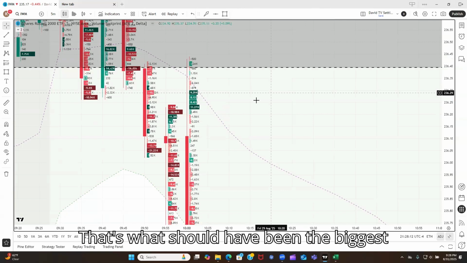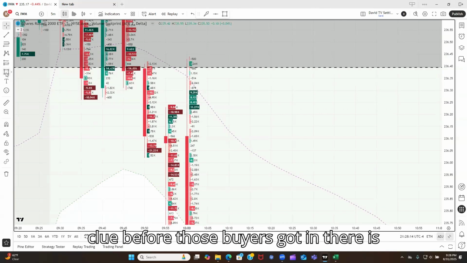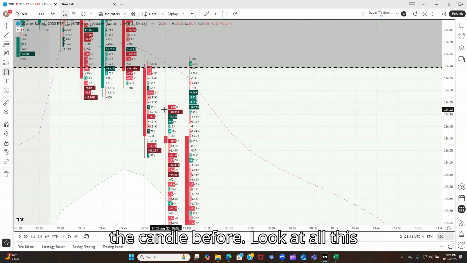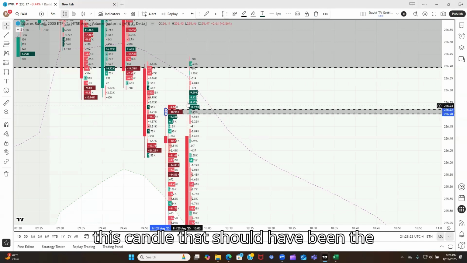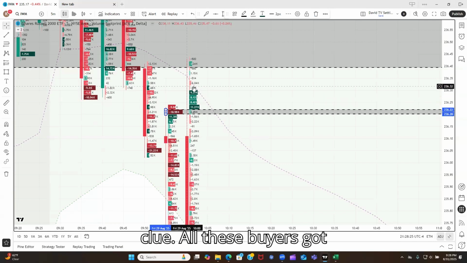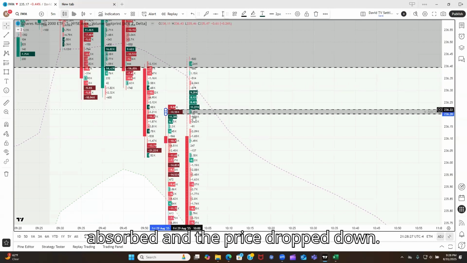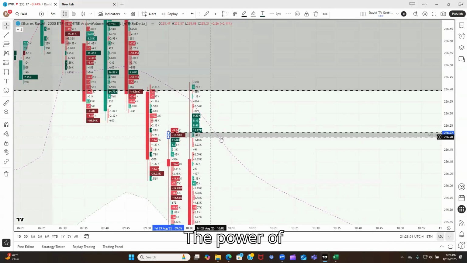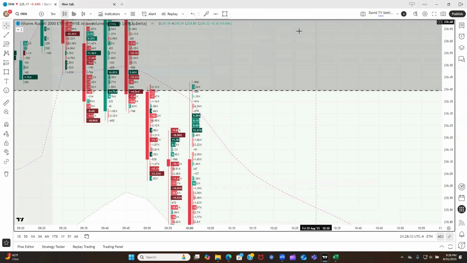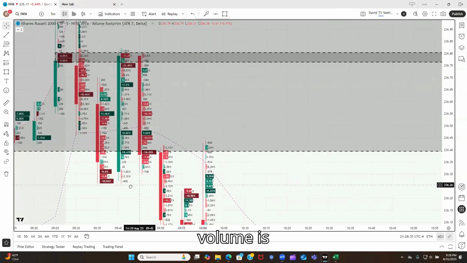That's what should have been the biggest clue before those buyers got in there: the candle before. Look at all of this, 18,000, almost 19,000 sellers in this candle. That should have been the clue. All these buyers that absorbed and the price dropped down. The power of volume is amazing.